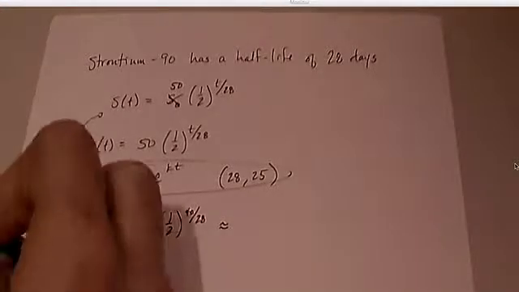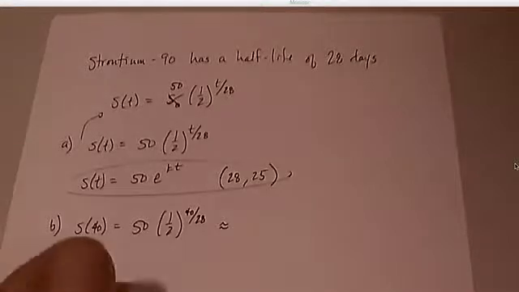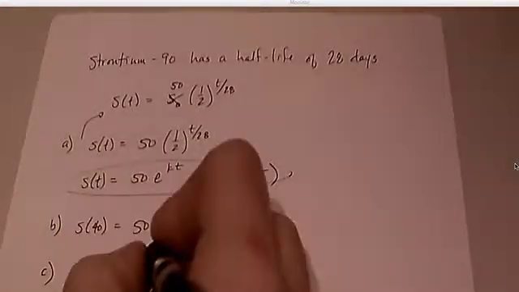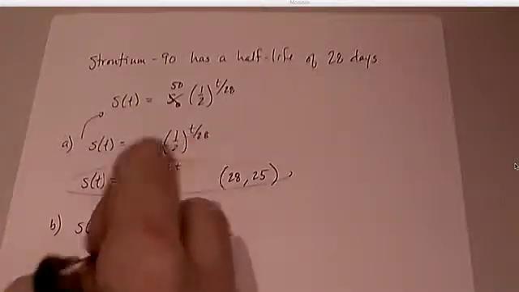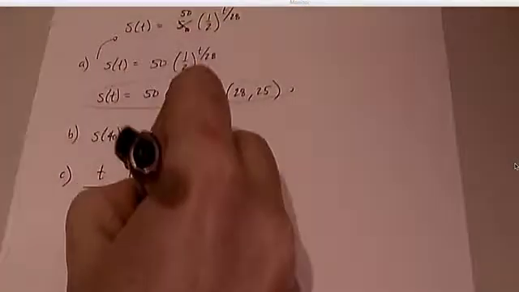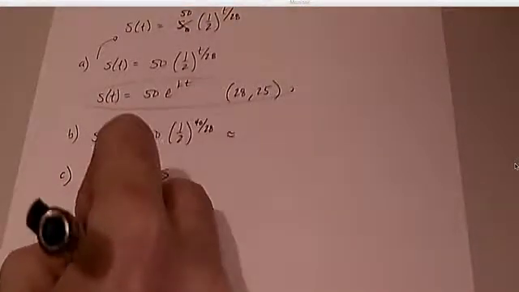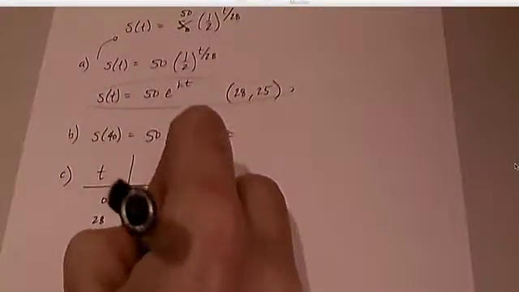Now remember, anytime you're asked an output question like this, you need to start thinking about it, because you have time and you have mass of strontium, right? At time 0, there's 50. At time 28, there's 25. At 56, there's 12.5.